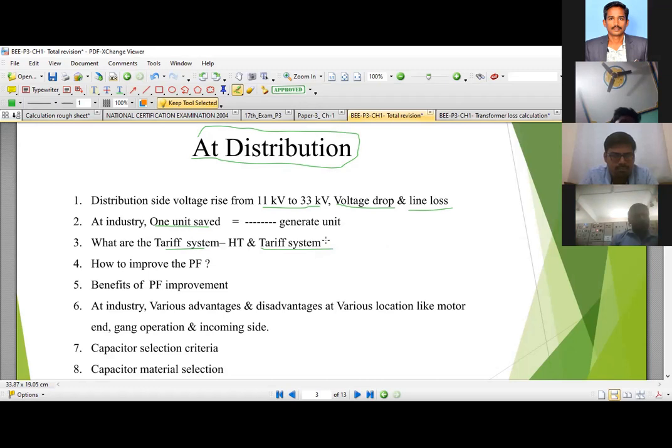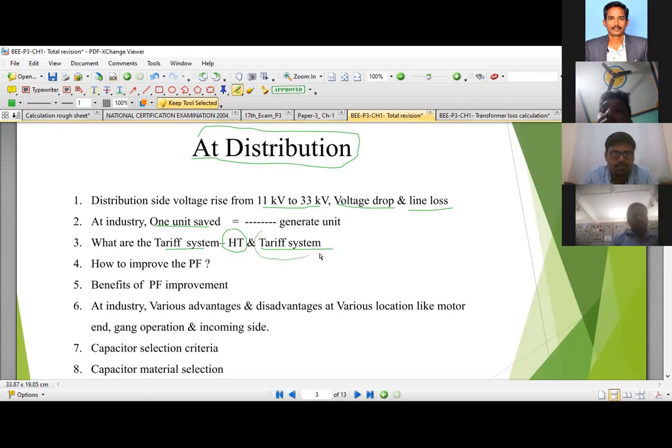Okay. Other: power factor incentives, power factor penalty. Meter rental. Same energy charges and demand charges. Time up. Do you understand? HT only, they were high voltage line. They use maximum demand and the energy charges.